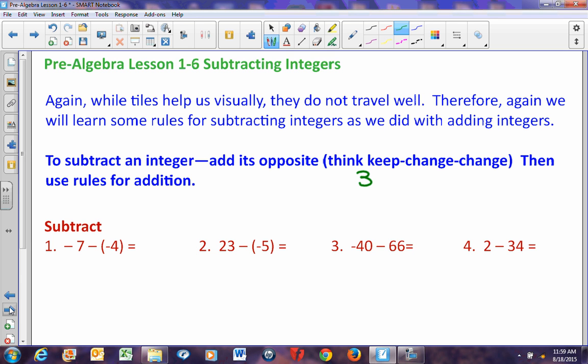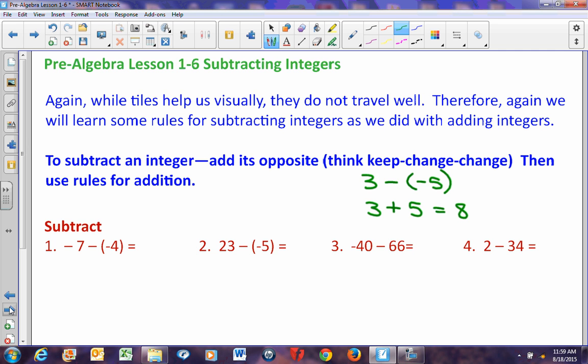If I have 3 minus negative 5, keep the first number, change the subtraction sign to an addition sign, change the very next sign. So this would become 8. Keep, change, change. To subtract an integer, you're going to add its opposite. Then all you're going to do is apply the rules of addition.